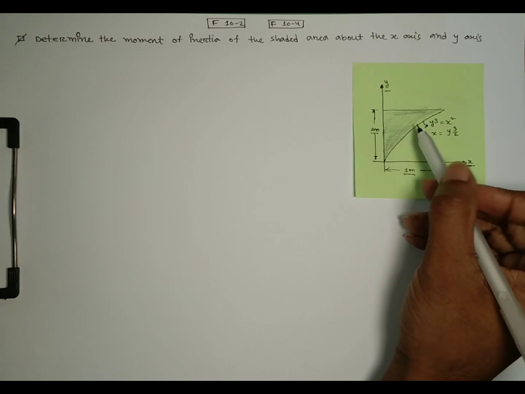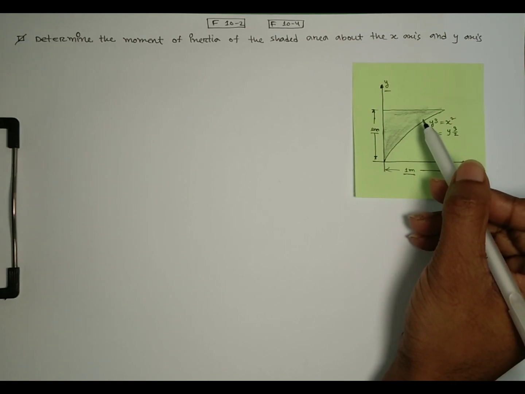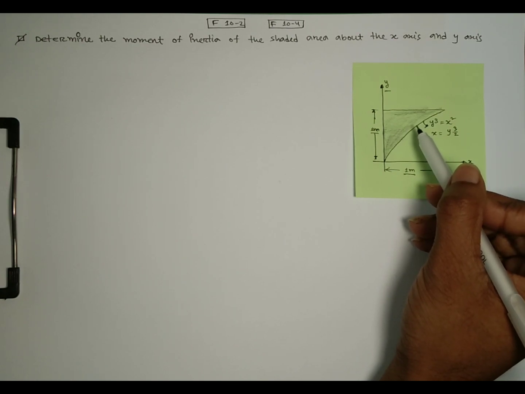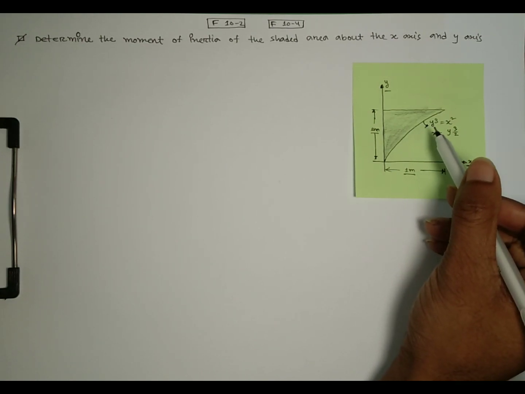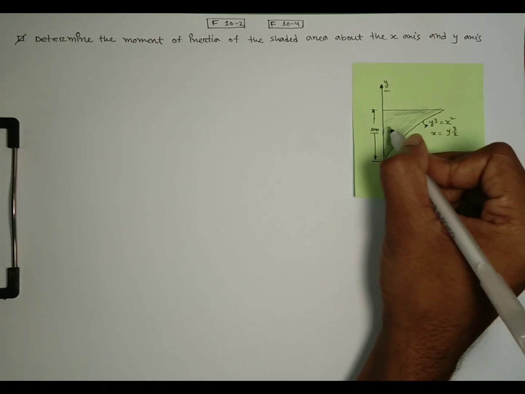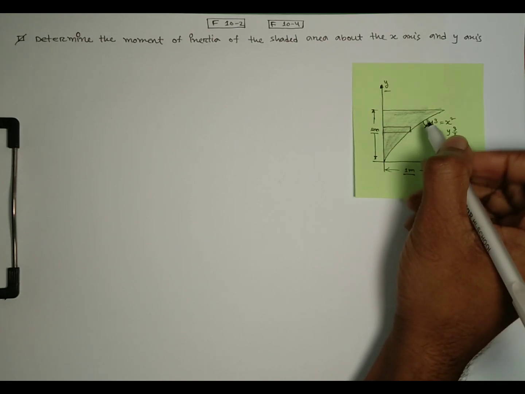So you can see that the shape is not a regular shape, so we have to consider a horizontal strip or vertical strip to find the moment of inertia about the x or y axis. So we consider horizontal strips, or you can also do it by vertical strips.